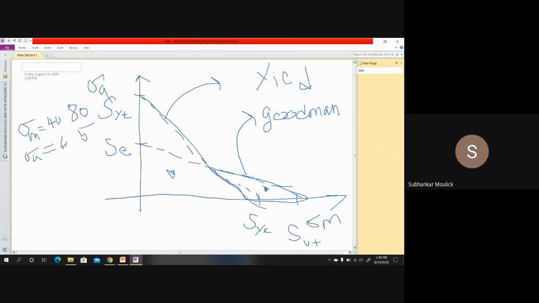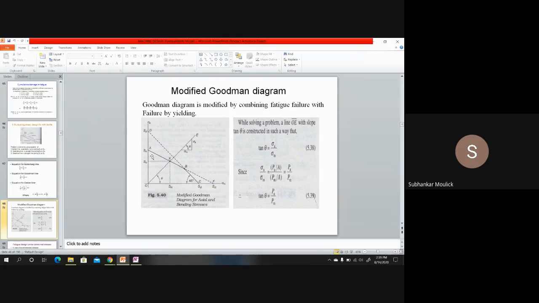So here what I am doing is combining both the two lines. That means this much portion I have taken from Goodman line, and this much portion I take from yield line.